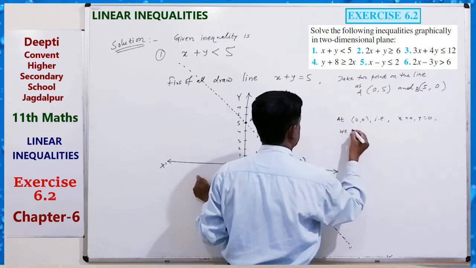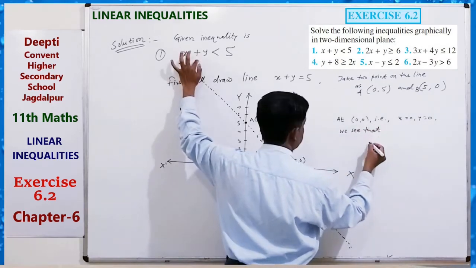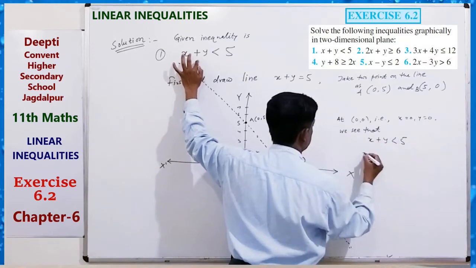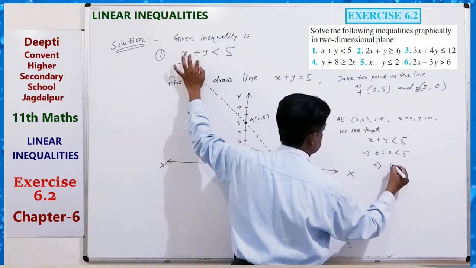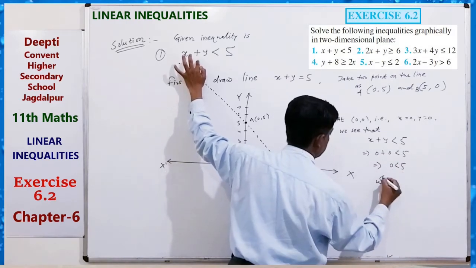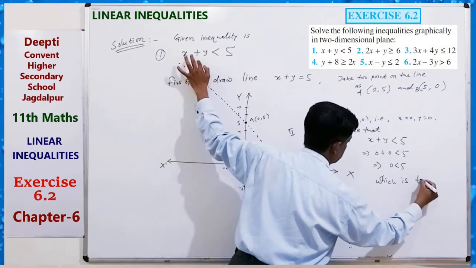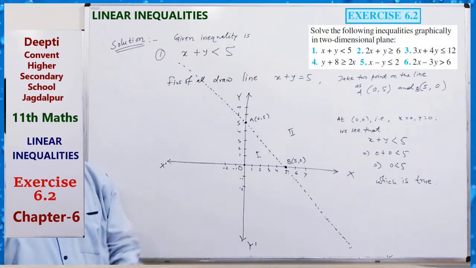We see that x plus y less than 5 implies 0 plus 0 less than 5, which is true.